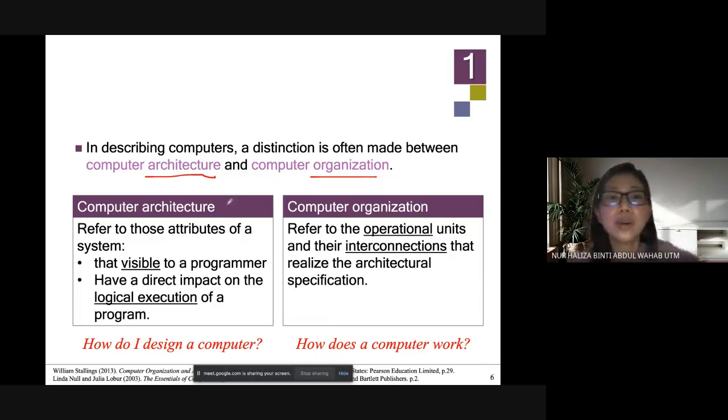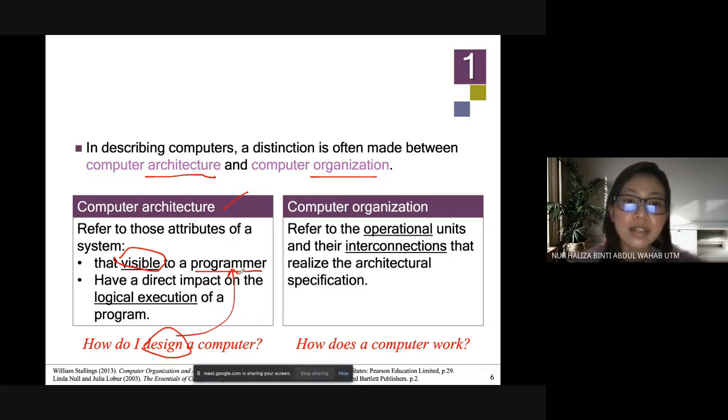Under computer architecture, you refer to those attributes of the system that are visible to a programmer. So you are the one that wants to design, normally called the programmer. You are the one that programs the computer. It has a direct impact on the logical execution of a program.